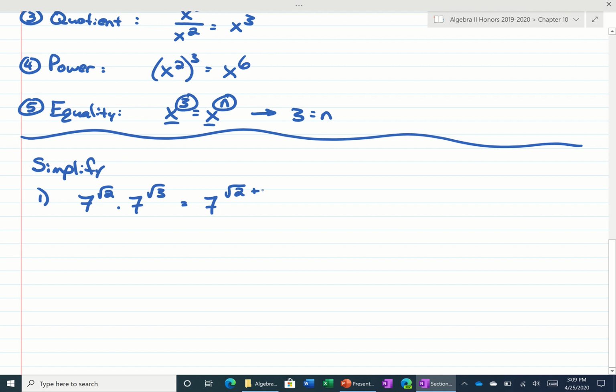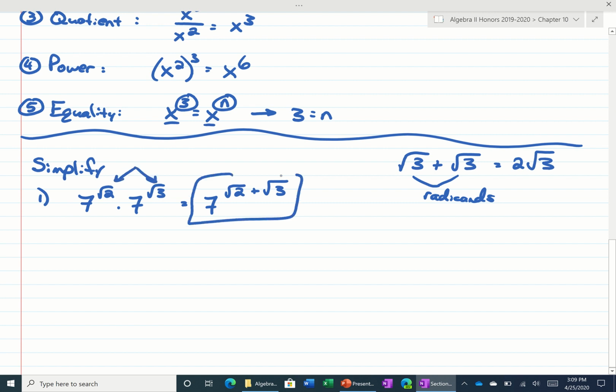But remember, with radicals, if they don't have the same radicands, you can't combine them. You can't say that's 7 to the root 6 power or root 5. It doesn't work like that. You can only combine radicals if they have the same radicands, which are the inside numbers. So this would be 2 root 3. But because these are different, you have to keep them separate. This would be the answer.